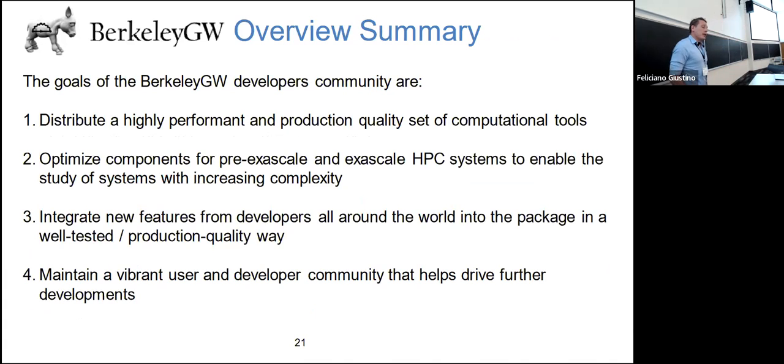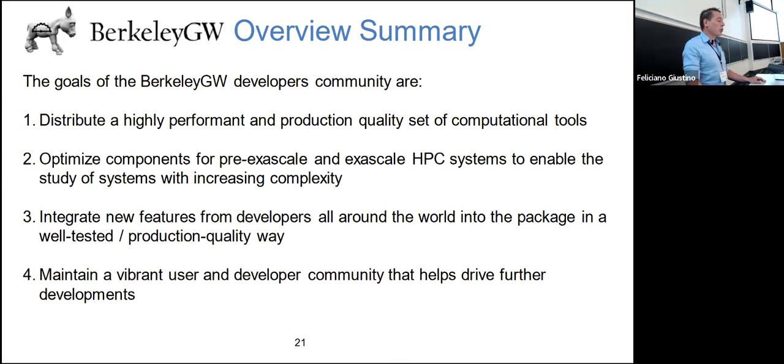Now, to summarize this overview, the goal of our developer team can be summarized as 4 major pillars. The first one is to distribute a highly performant, production quality set of computational tools that allows users to effectively predict the excited state properties of electrons in materials by using GW, BSE, and beyond. We optimize our software components in order to run efficiently on pre-exascale and exascale systems without leaving behind the small clusters or even running the software package on your laptop.